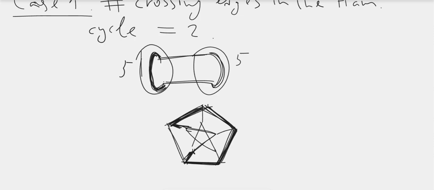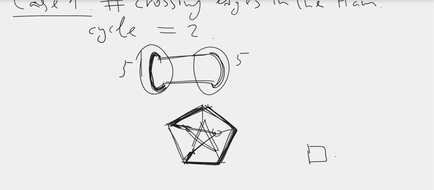These two vertices remain unvisited. Or we go here, here, here, and this is a path of length 3, so this vertex remains unvisited. So we see directly that this case doesn't lead to a Hamiltonian cycle. Okay, so this case is finished.